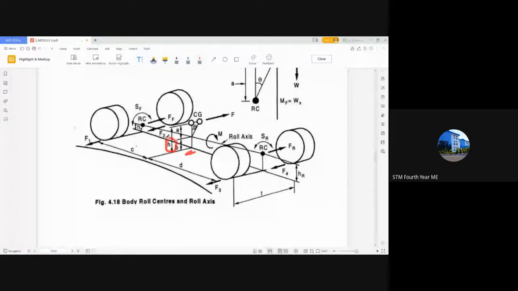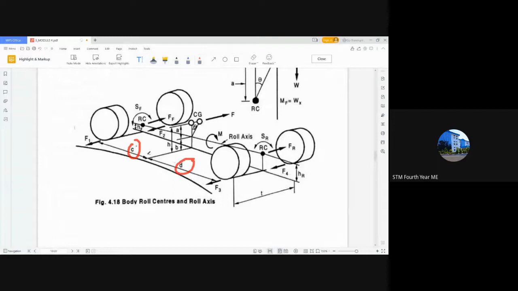Then there are some terms: the SF, which is called the stiffness, which I'll explain when we study stiffness, and the total distance C plus D, which is the wheelbase. C is the distance of the center of gravity from the front axle, while D is the distance of the center of gravity from the rear axle.